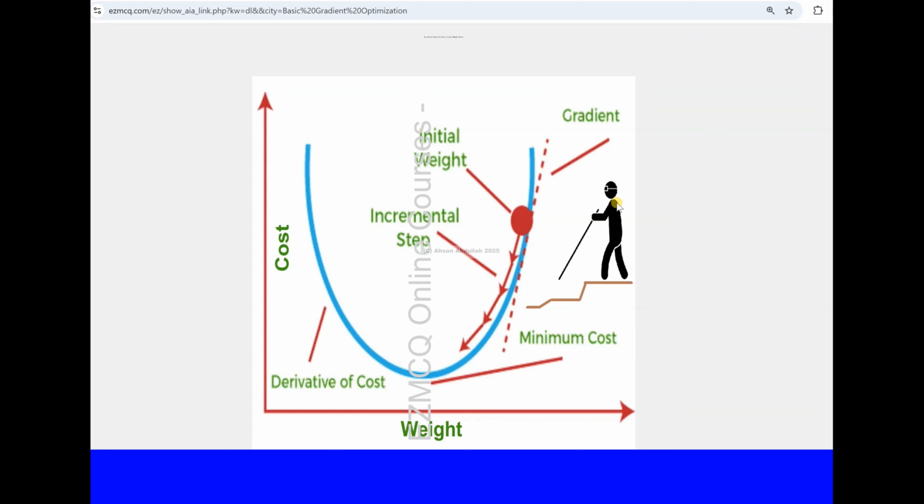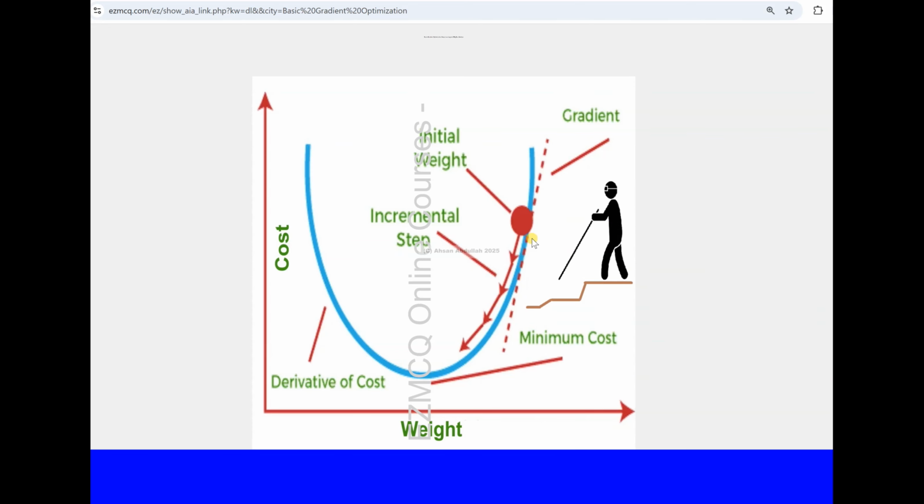This person cannot see, but can feel whether they are ascending or descending. So this is the gradient, and this is the initial weight. The initial weight is the starting point, and corresponding to that starting point there are weights assigned to the neurons. That's in the next picture.